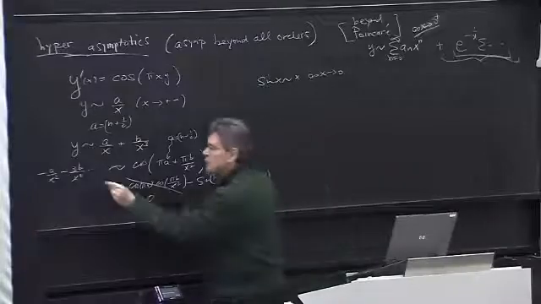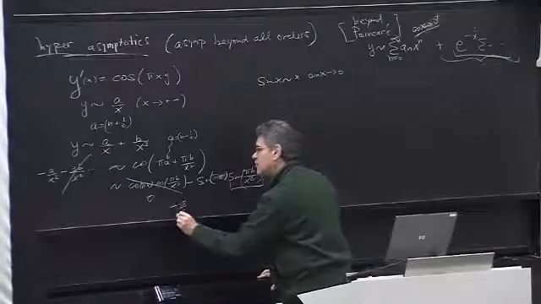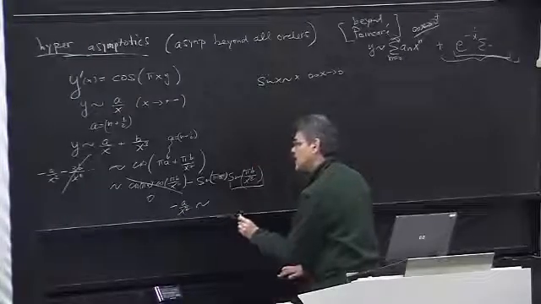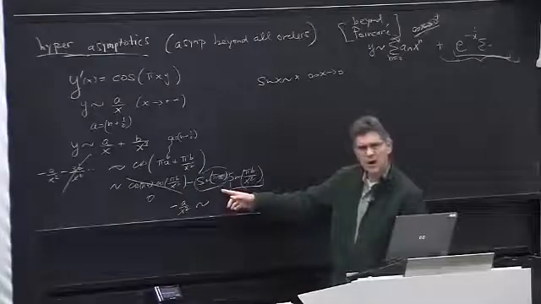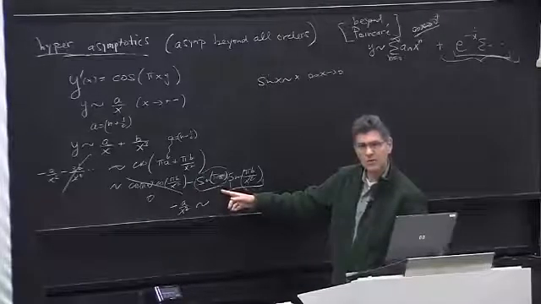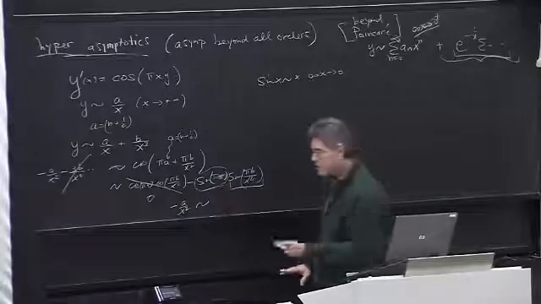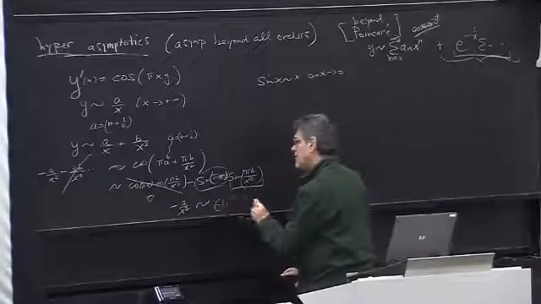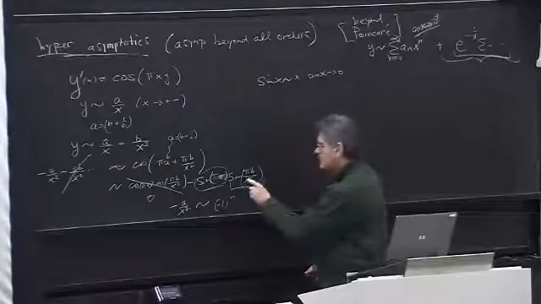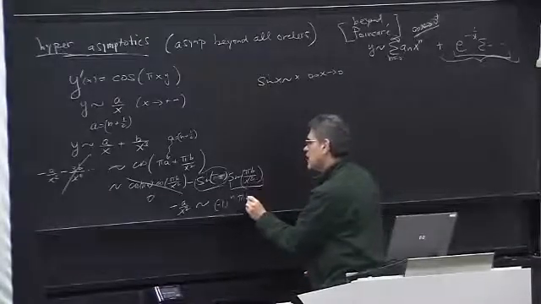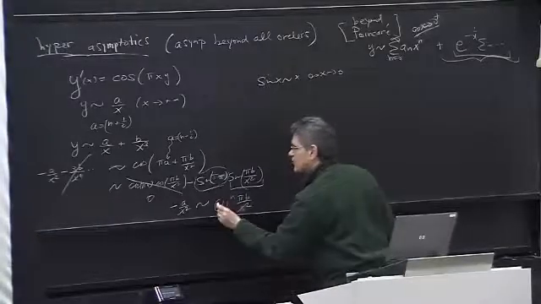So for large x, we'll throw that away, and we conclude that minus a over x squared would be asymptotic to sine of pi a. What is the sine of pi times n plus 1/2? Minus 1 to the n, times sine of a small argument, which is pi b over x squared, and a minus sign here.